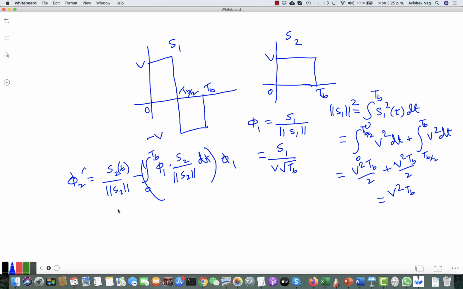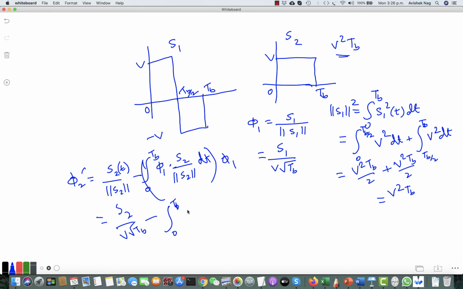Okay. So the norm of S2, you can see from this figure, the energy of S2 is V squared TB again, because you are squaring S2 within this interval, so that will be V squared, and then the integral will work out as V squared TB. So this will be S2 divided by V root TB minus, let me put the values here.